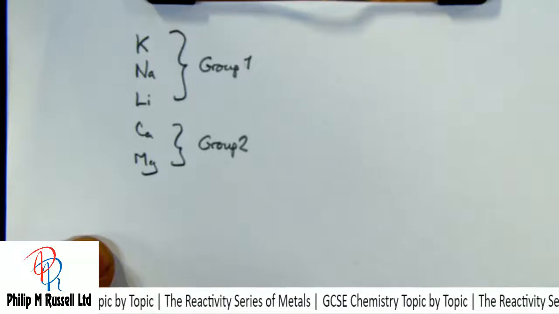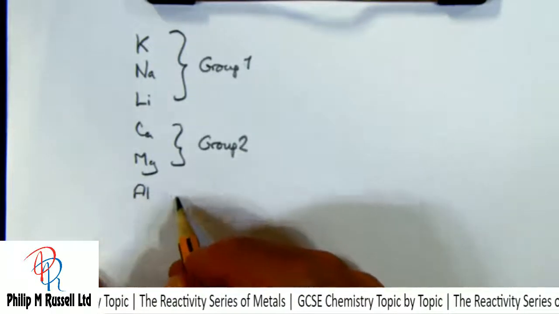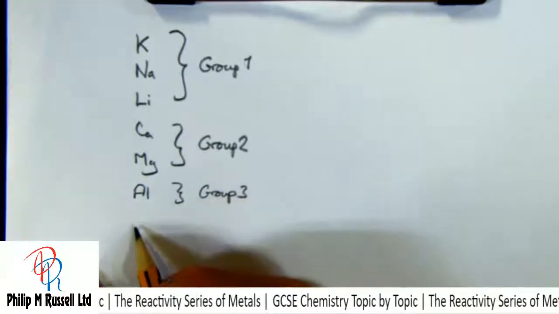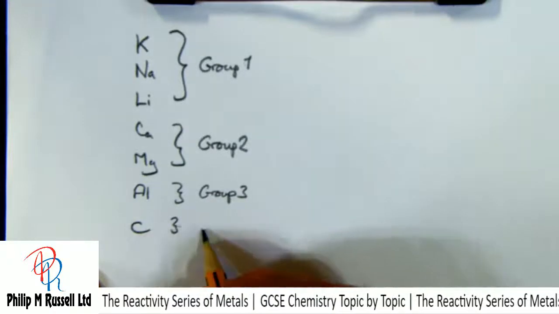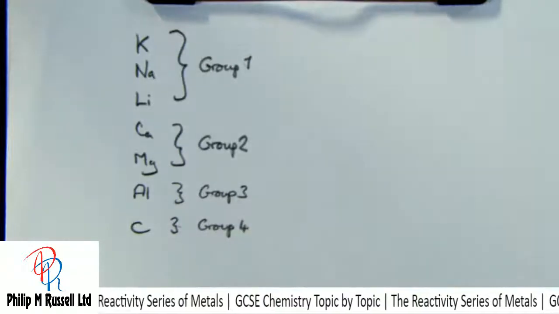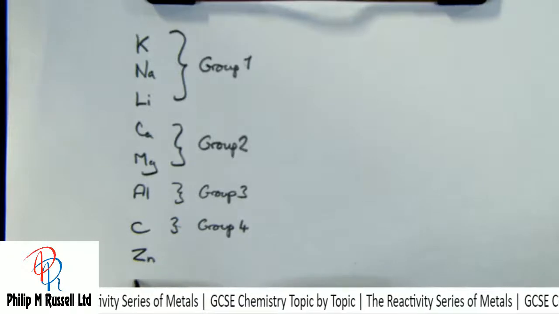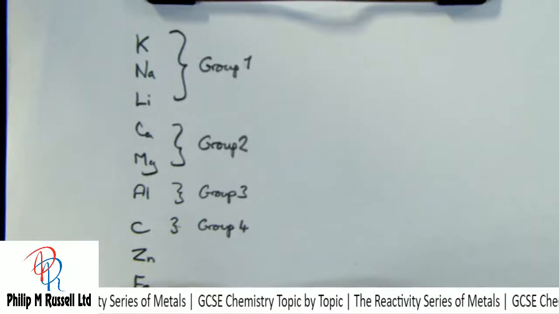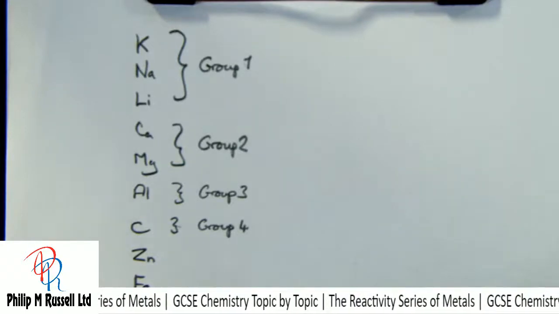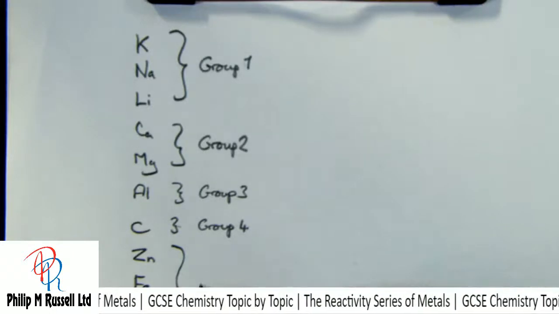Then we have aluminium, group 3. Carbon, group 4. And then the list breaks down. Then we've got zinc, iron, lead, hydrogen, and as far as I can tell, these are in no order at all.